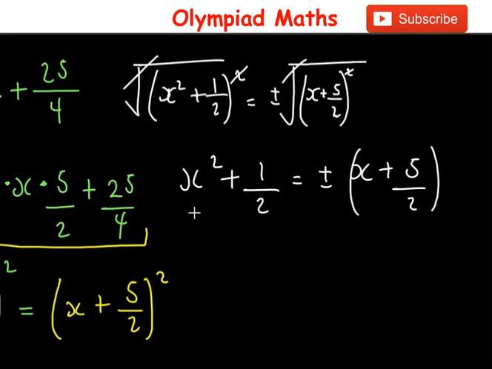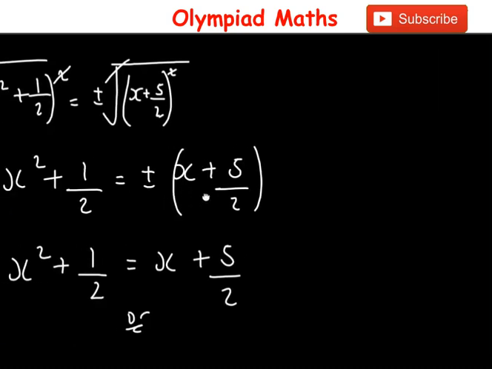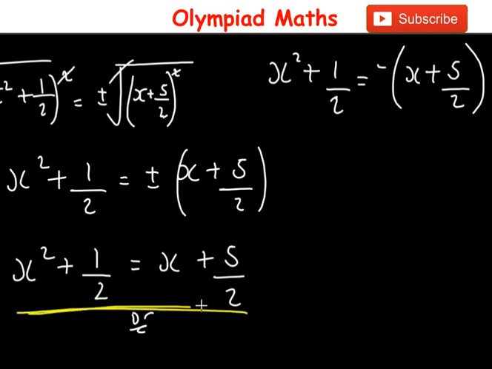So with this, we have x squared plus 1 over 2 equals plus (x plus 5 over 2), or the other one, x squared plus 1 over 2 equals minus into bracket (x plus 5 over 2). Let us solve this first one.